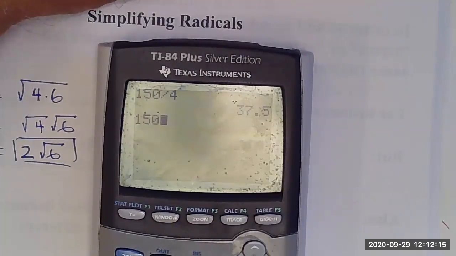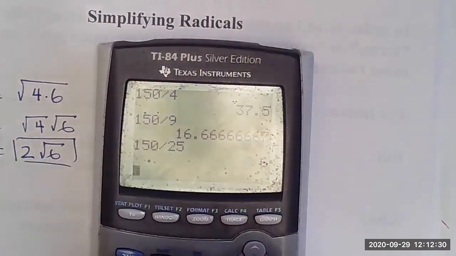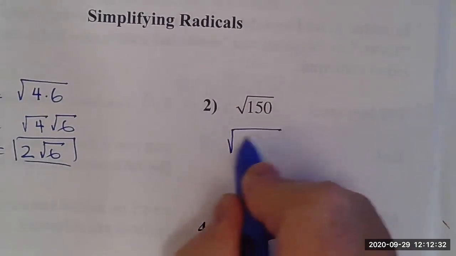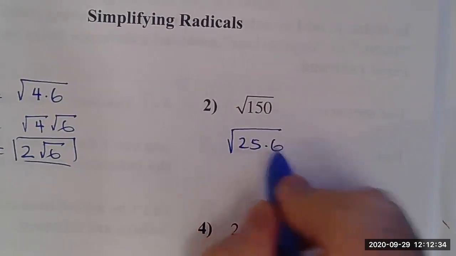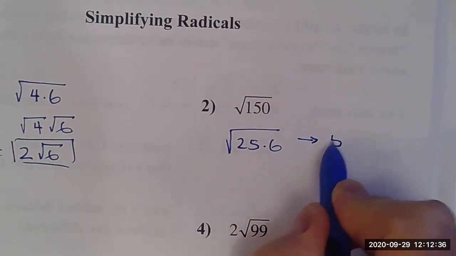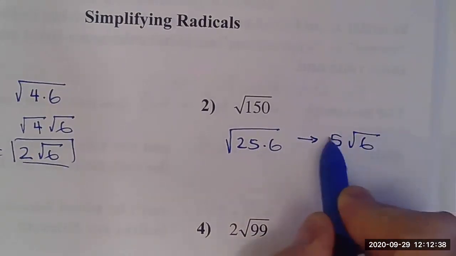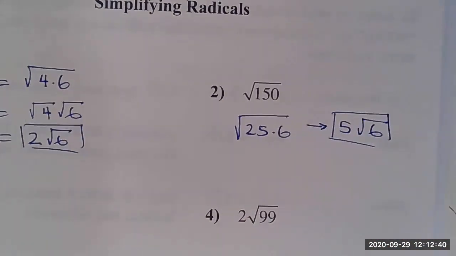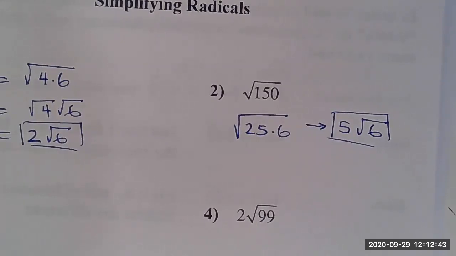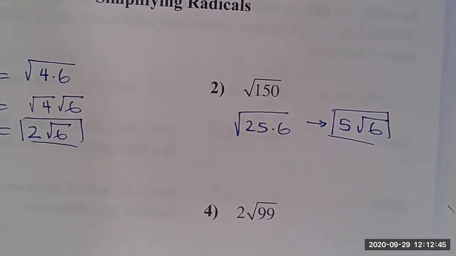Try 150 divided by 9. No. What's the next perfect square after 9? 25. I think we have a winner. 25 times 6. So then what you do is you go square root 25 times 6. Square root of 25 is 5, and you leave root 6 next to the 5. It's really 5 times root 6, but I'll leave it without the dot.